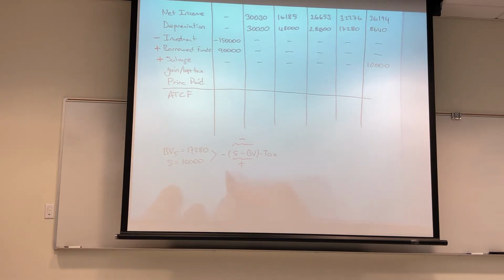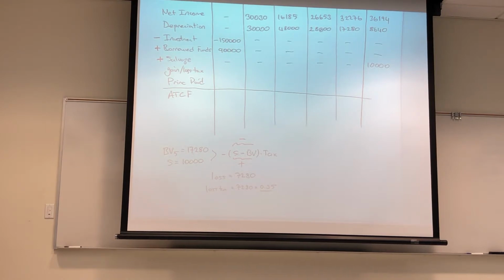So in our case, we make a loss of 7,280, right? And the loss tax will be equal to 7,280 times 0.35.